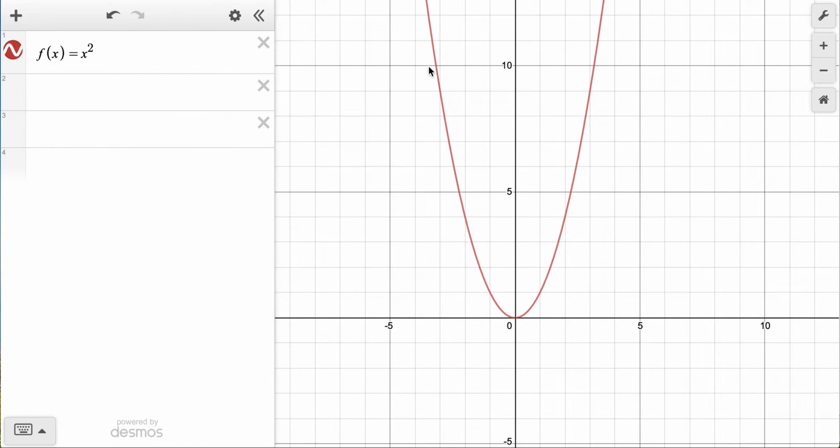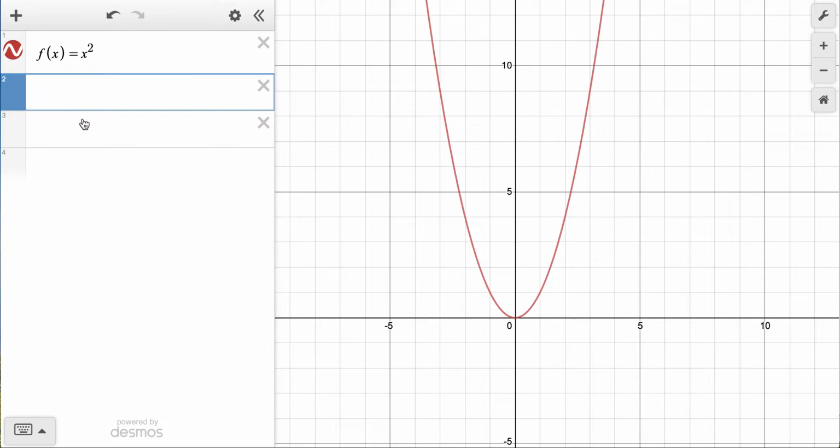So there's x squared, and we're going to do things to it. When I say do things to it, I mean do mathematical things to it. And there are basically 6 different things that you can do to a function, hence 6 videos for you to work through.